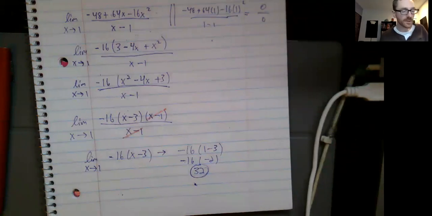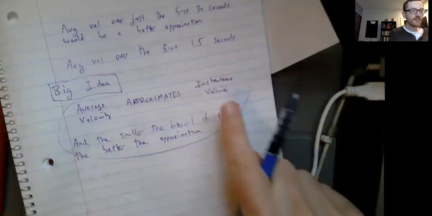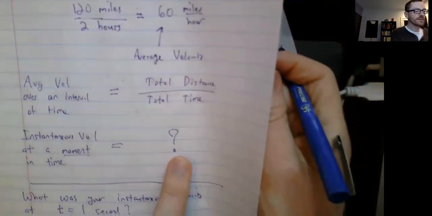We'll get there eventually. But let me just generalize. I told you that ultimately the goal for today was to come up with a formula for the instantaneous velocity. I said we don't have a formula for that, and I want to give one to you.